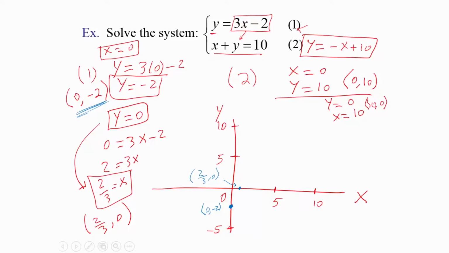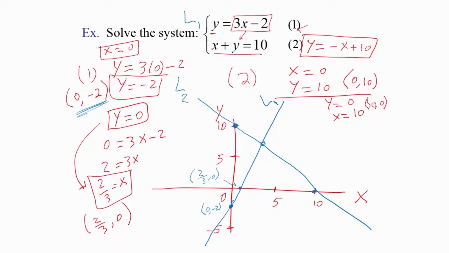If I connect these two together, this would give me line number 1. Line number 2, x of 0, y of 10, that's this point. X of 10 and y of 0, that is this point. You connect these 2 points together. This is line number 2.